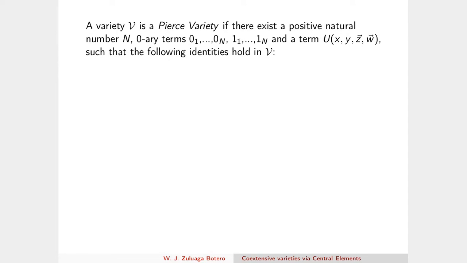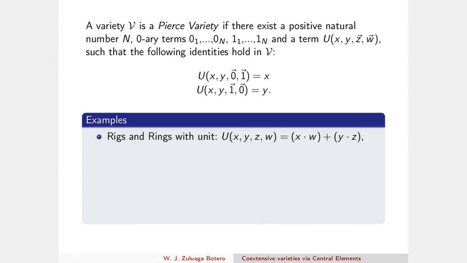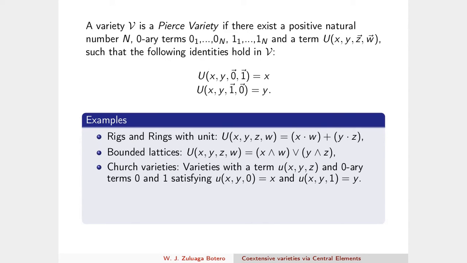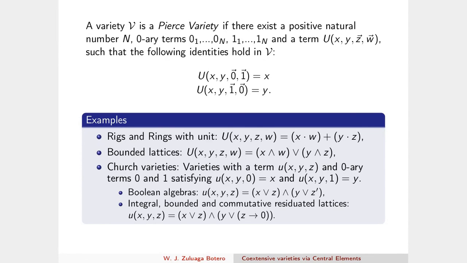A variety V is a Pierce variety if there exists a positive natural number n and terms 0_1 to 0_n, 1_1 to 1_n, and a term in these variables such that the following identities hold in V. Examples of Pierce varieties are rings and rings with unit, here's the term, bounded lattices, and Church varieties, which are varieties with a ternary term and terms 0 and 1, satisfying these equations here. As examples of Church varieties, we can consider Boolean algebras, integral bounded commutative residuated lattices.